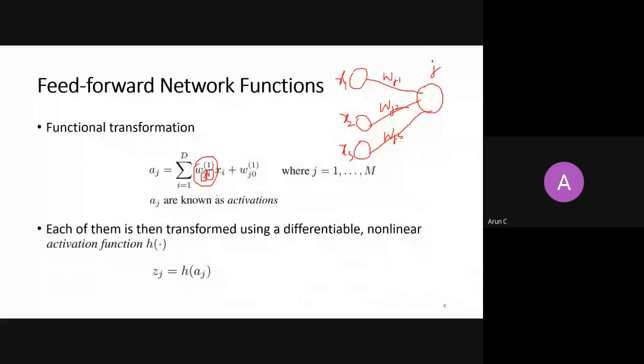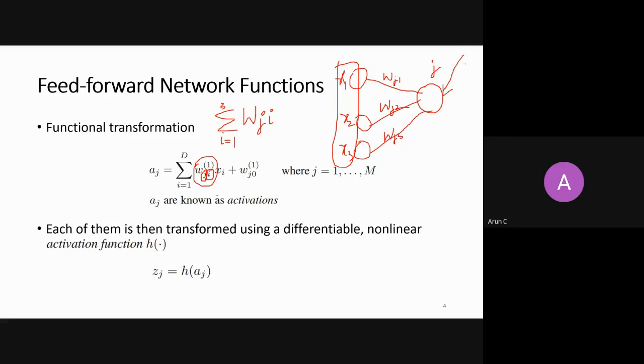If there are d dimensions, like here there are 3 dimensions, I can write it as a summation: summation of wji, and for this example, I have taken i equals 1 to 3. And for every layer, there is also some bias, right?